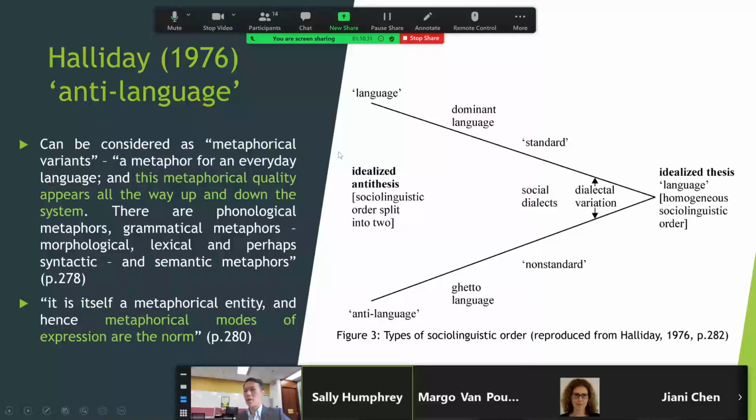It's a metaphor for an everyday language, with the metaphorical quality appearing all the way up and down the system, including phonological, grammatical, morphological, lexical, and also perhaps syntactic and semantics, obviously. So metaphorical modes of expression are the norm for this kind of anti-language.